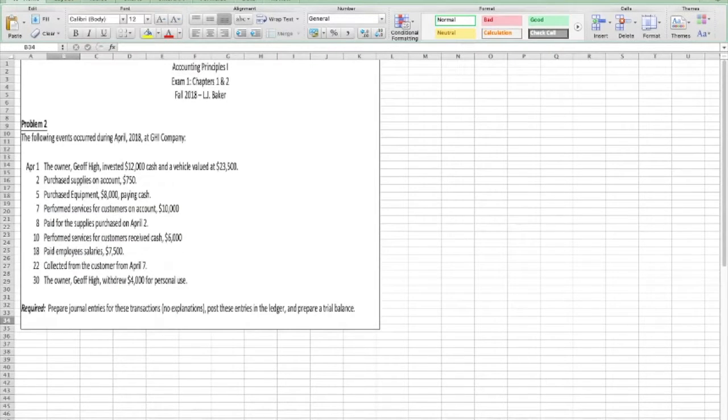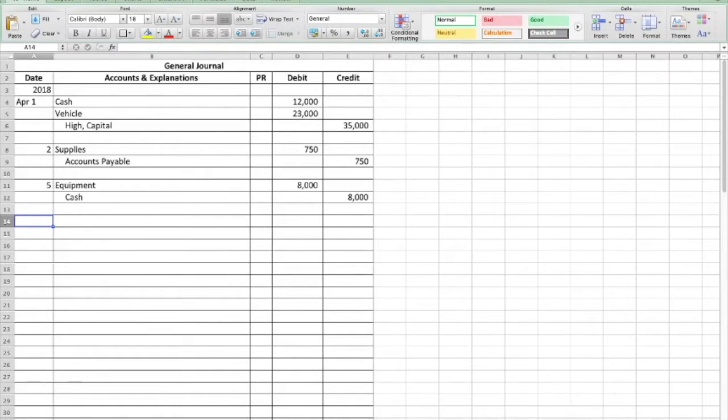On the 7th, it says we performed services for customers on account for $10,000. So if we perform services for customers on account, my 2 accounts that are affected are accounts receivable, which is an asset. Someone owes me more money, so accounts receivable needs to go up.